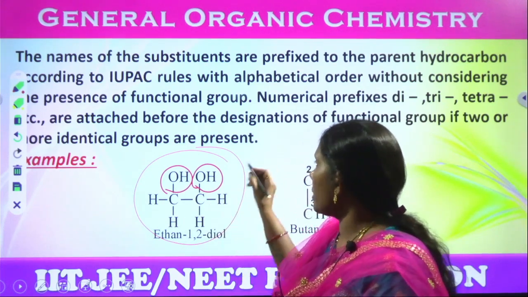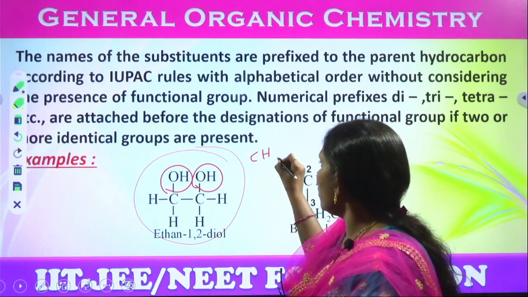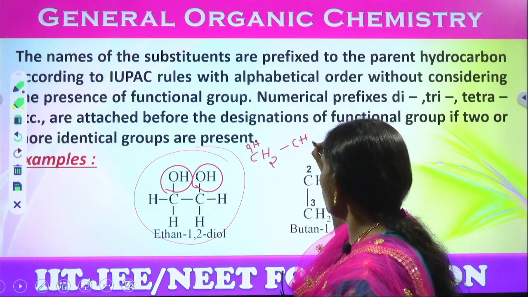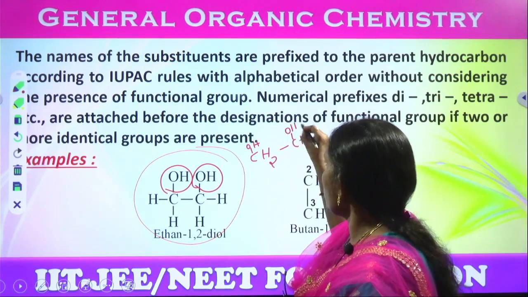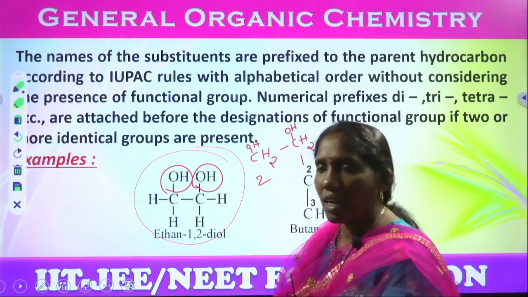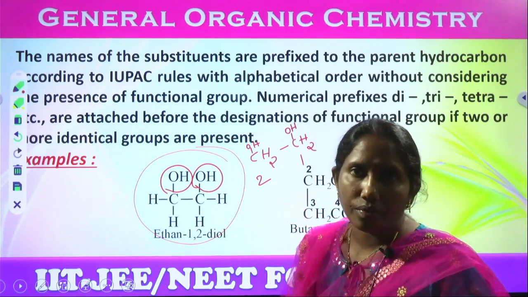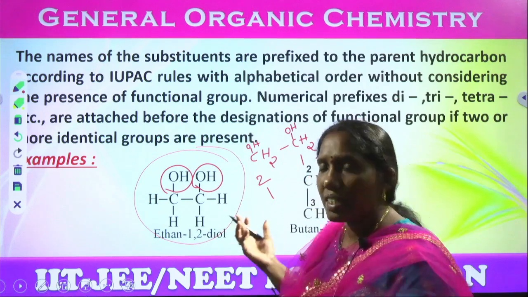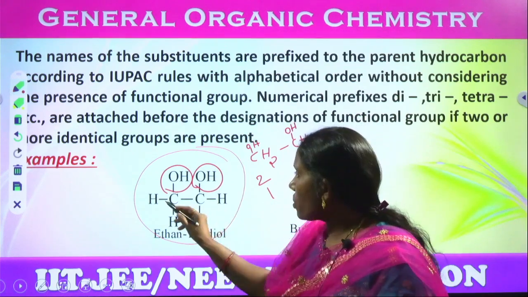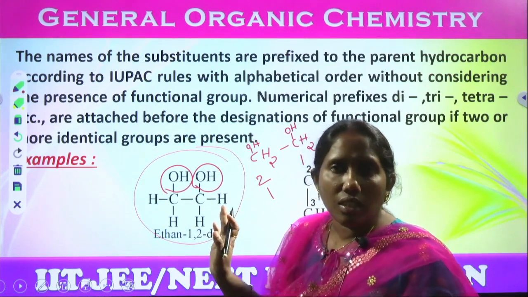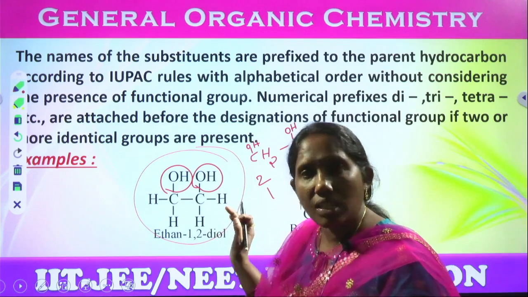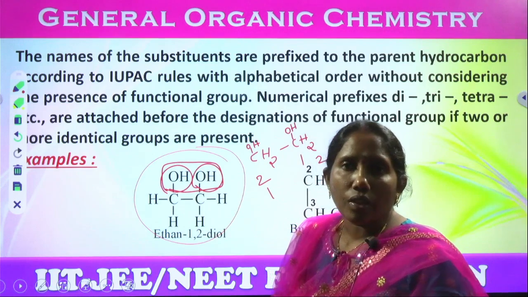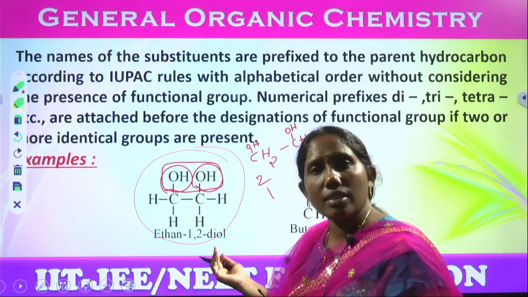Simply you can write this as CH2OH and CH2OH. So this is the first carbon and this is the second carbon. If you give numbering from this side, it will be first, it will be second, both are same, and it has no prefixes here, all are suffixes, means two functional groups we will consider as the suffixes only. Two OHs we will take as the suffixes.